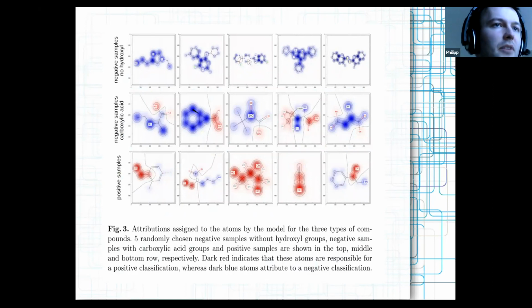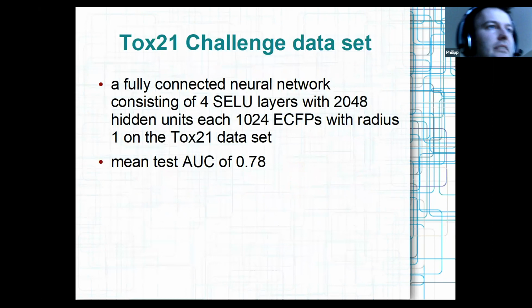And that gave them confidence that this was, of course, a toy example that they sort of used as a spike in, and then they let these systems onto the TOX 21 challenge data set, which is a rather huge data set containing thousands of examples of molecules that are basically toxic or not toxic. And they let their systems on it, and of course got a nice area under the curve.